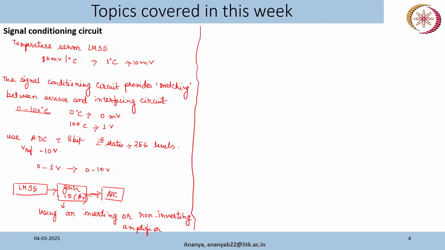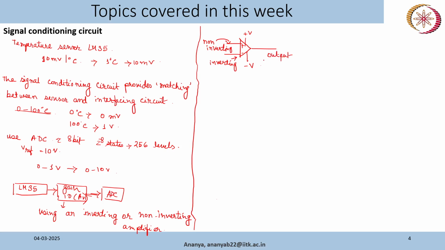So the basic circuit diagram for an op-amp is like this. If you remember, this is the non-inverting terminal, this is the inverting terminal, and we will apply supply. So this is plus VCC, this is minus VCC, this one is the non-inverting terminal, this one is inverting, and this is our output.